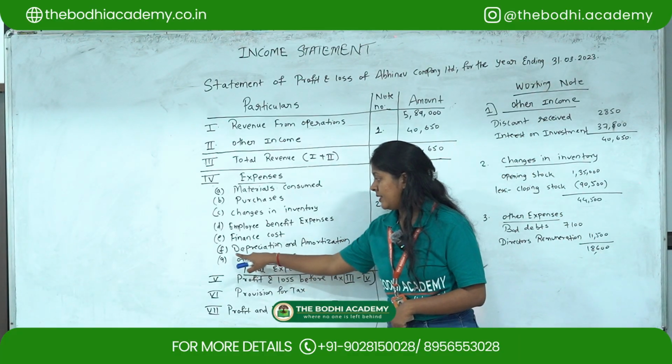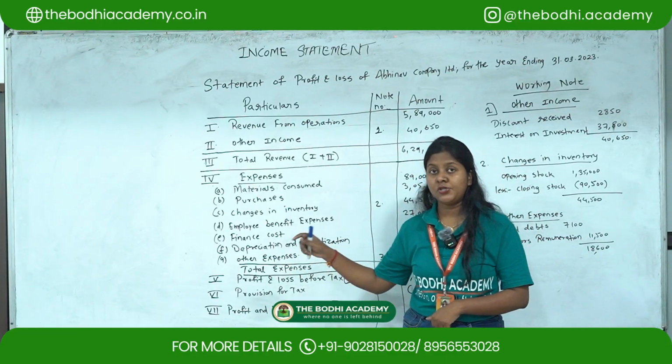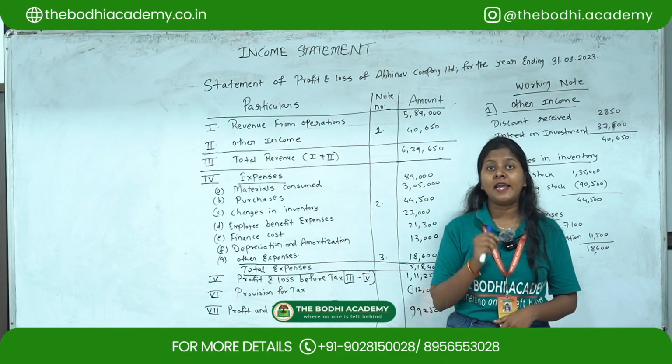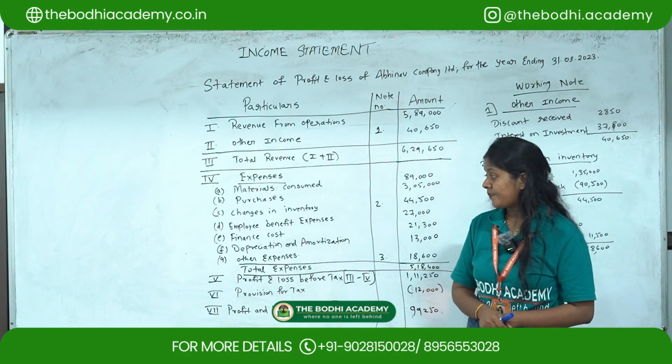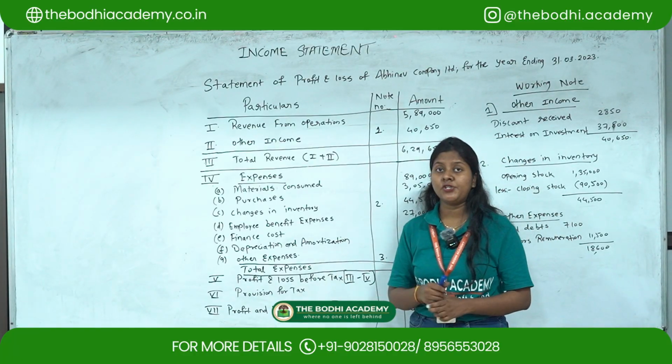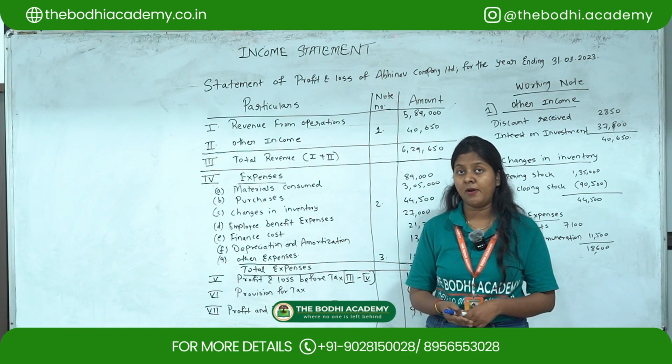Then F is depreciation and amortization. We charge depreciation on tangible assets like plant and machinery, building, and amortization on intangible assets like goodwill, patent, trademark.